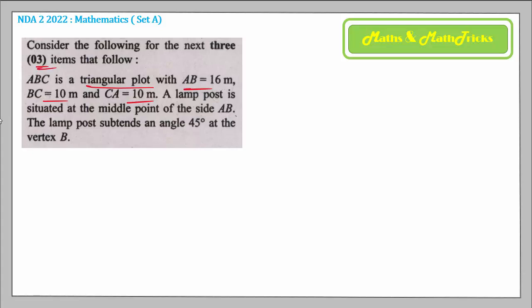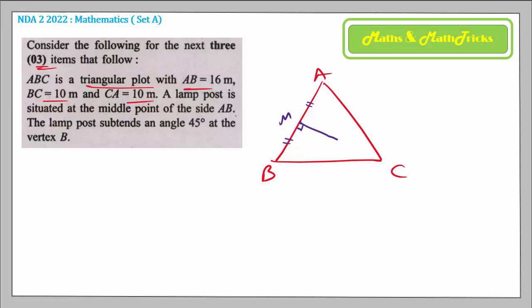Be careful. The diagram you have to understand first. The triangular plot, I am naming it in order A, B, C. Then they ask you to take the midpoint and place a lamp post over there. The lamp post will be perpendicular, right? It's a pole, perpendicularly placed at the point M, which is dividing AB into equal halves.